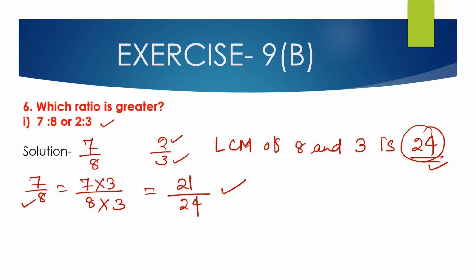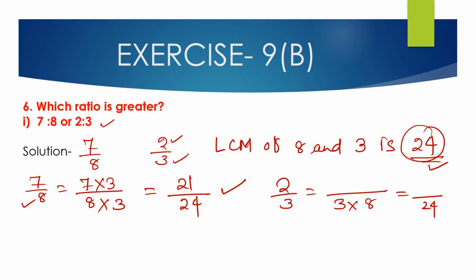Now converting the ratio 2 is to 3 into an equivalent ratio, that is, equating to the LCM 24. In 2 by 3, which number do we have to multiply the consequent 3 by to get 24? In the table of 3, when we multiply 3 with 8, we get 24.